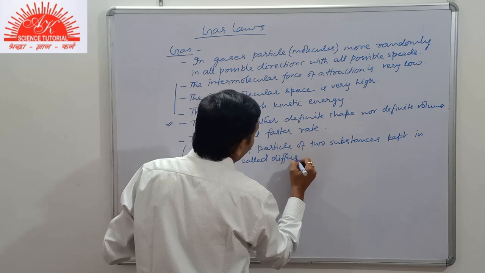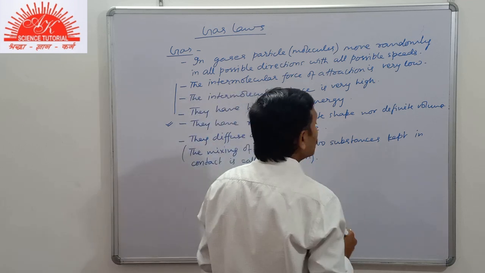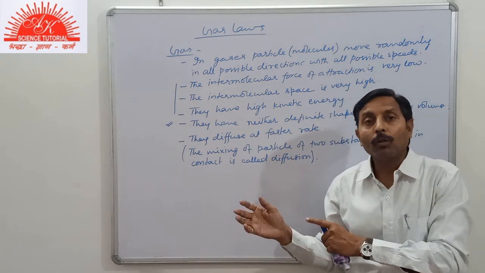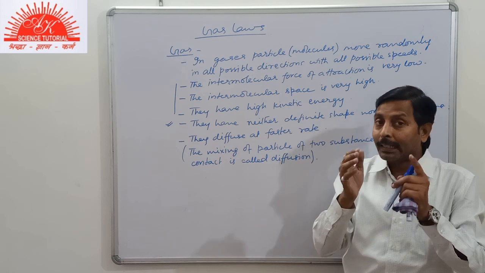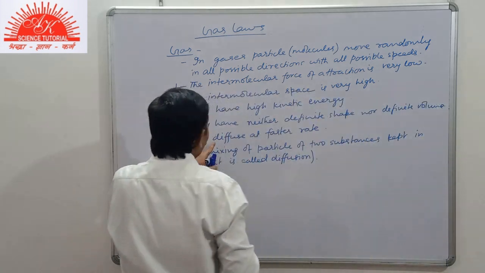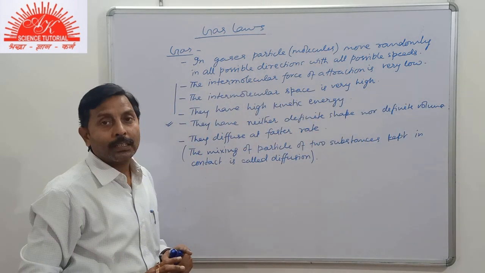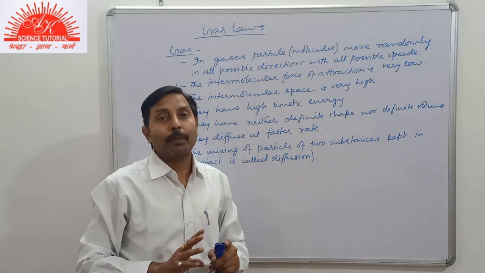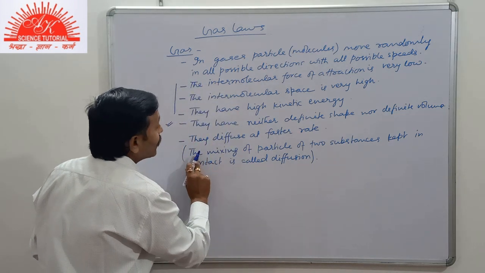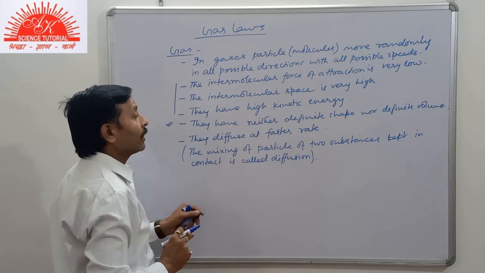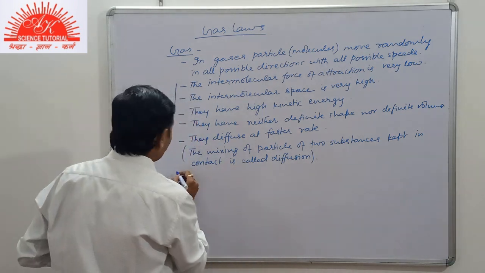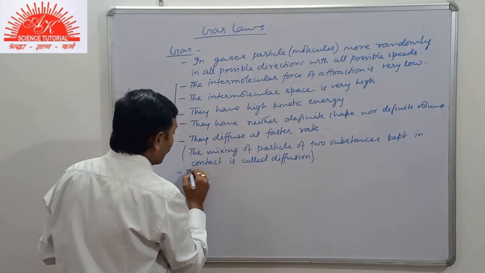Now you see that in diffusion the molecules move from region of their higher concentration to region of their lower concentration until the concentration become uniform. So since in gases there is high kinetic energy, there is large intermolecular space, so the molecules can easily mix with each other. So the rate of diffusion is faster in gases in comparison with liquid and solids.